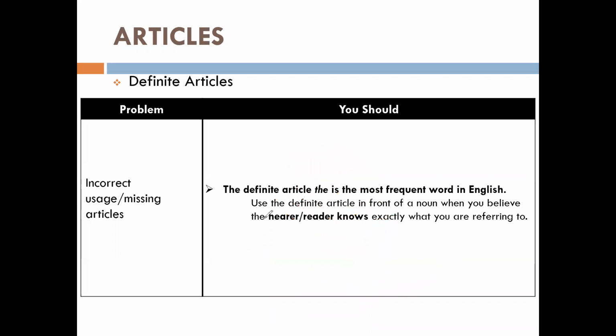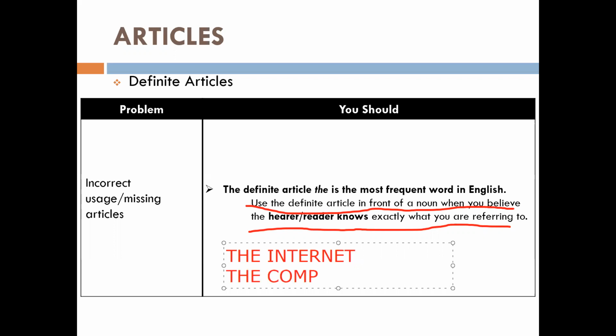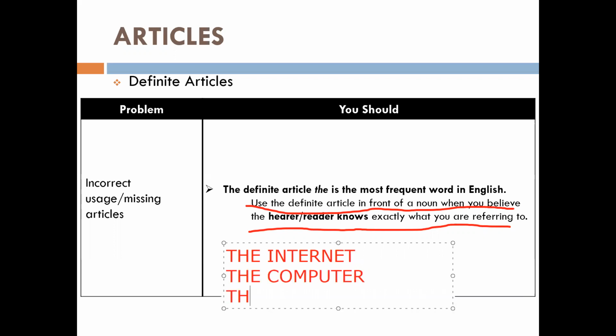Okay. Now, the, we use it in front of a noun when you believe that the hearer or reader knows exactly what you are referring to. Diba? The internet. Alam ko naman siguro kung alam nyo kung anong internet. Okay? The computer. The door. Diba? The house.